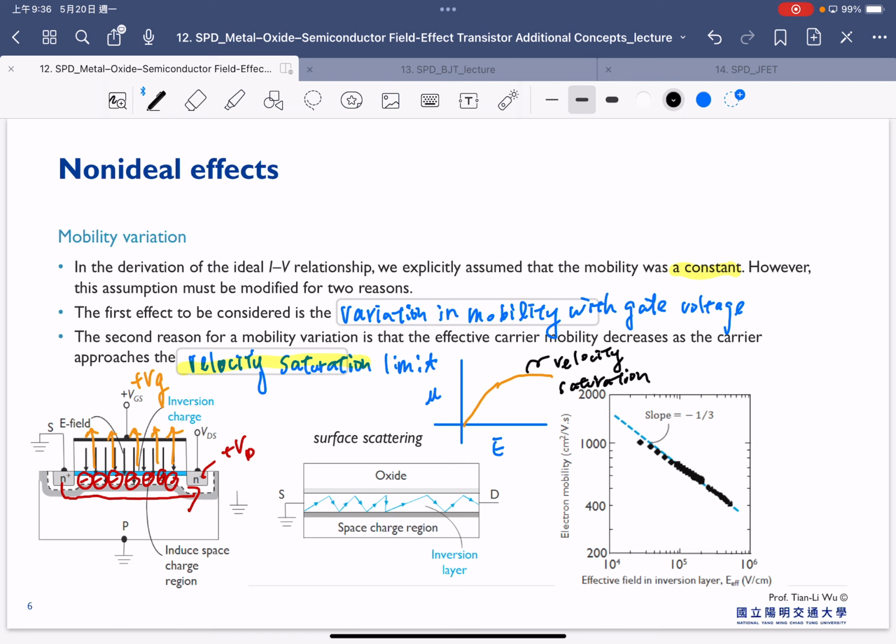So that's why the mobility will have this saturation effect, due to this phenomenon.